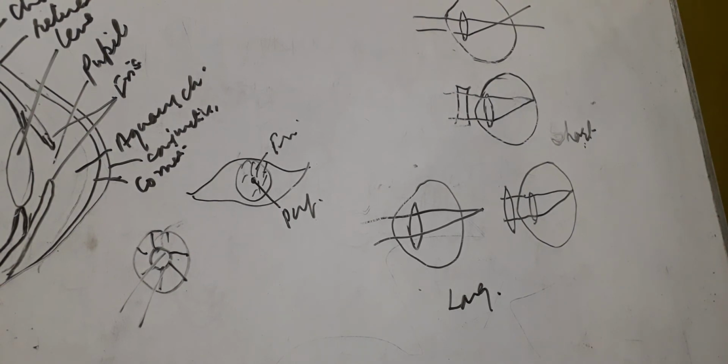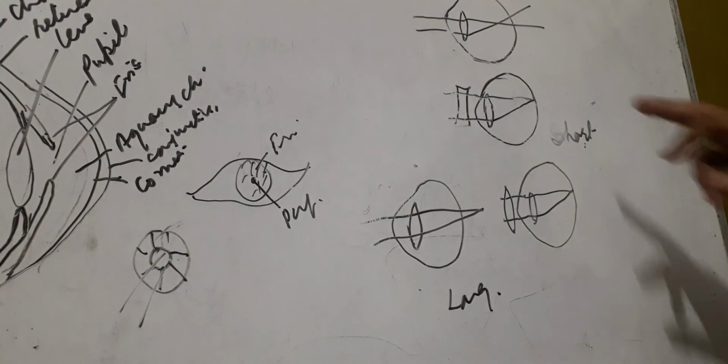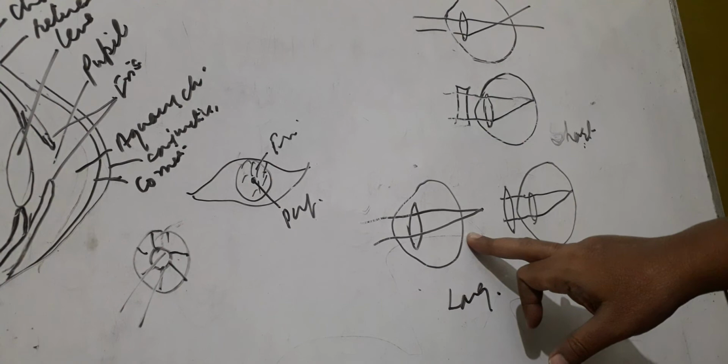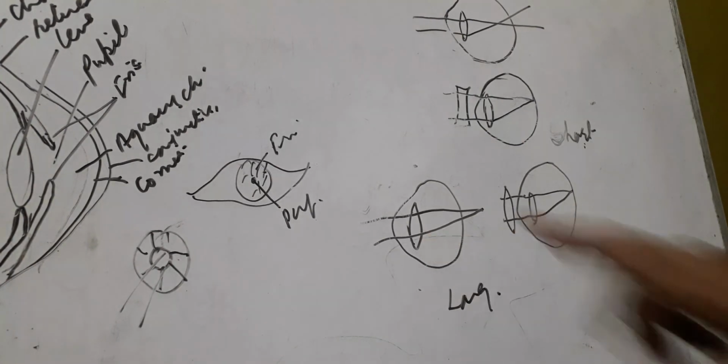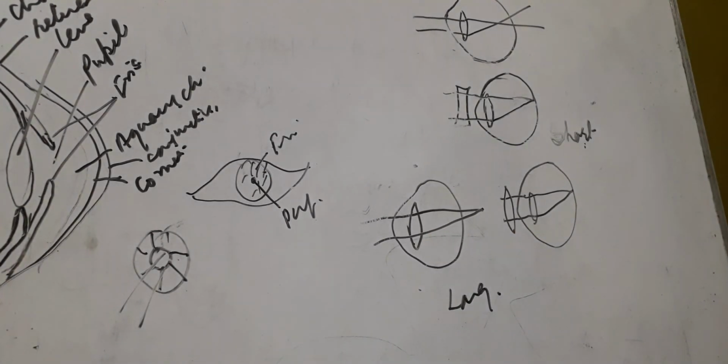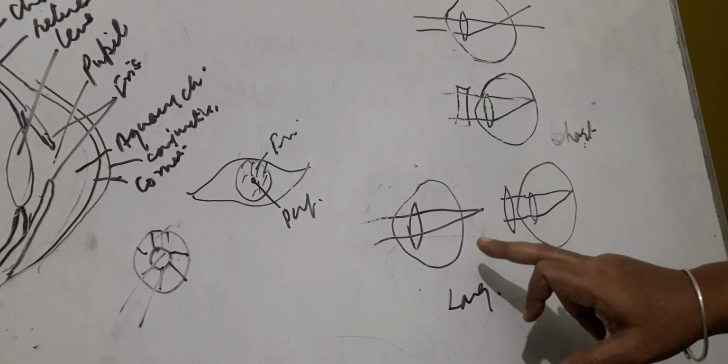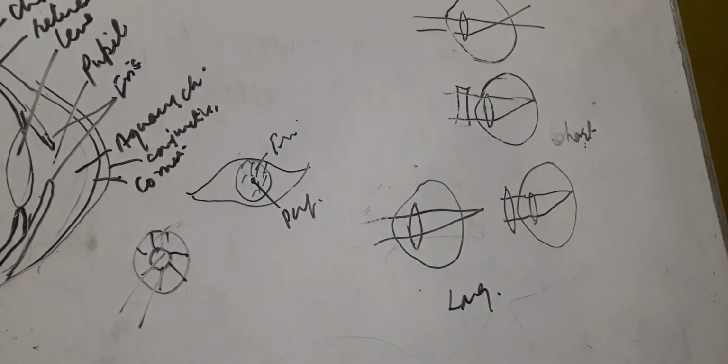Here the eyeball is too short and the lens is less convex, thin.